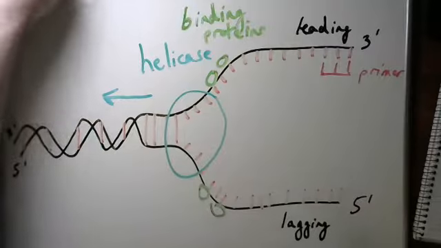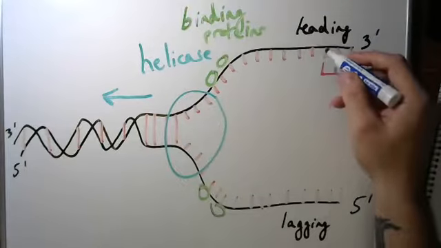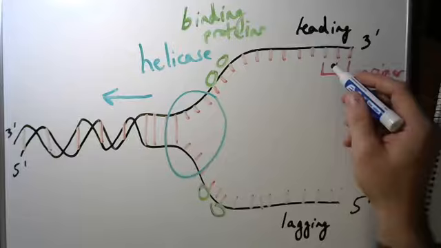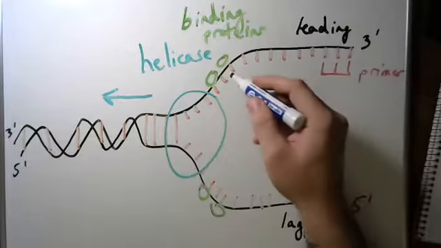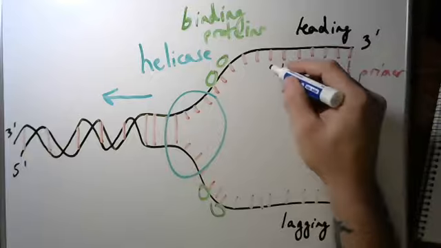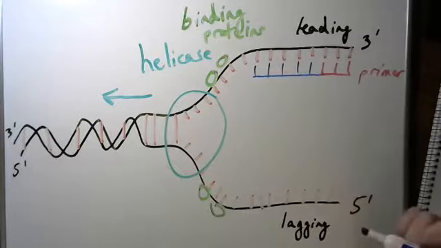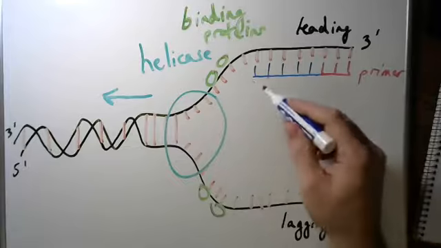So if we focus on the top here and we take our DNA polymerase protein, it starts where the primer is, and then we'll start moving along, adding nucleotides one by one, matching the nucleotides on the DNA and binding them to the primer, effectively making the new DNA.